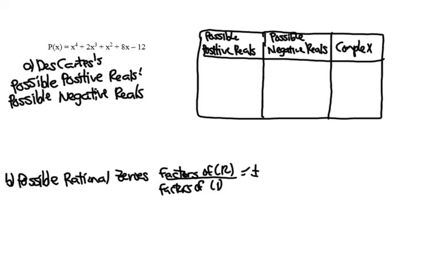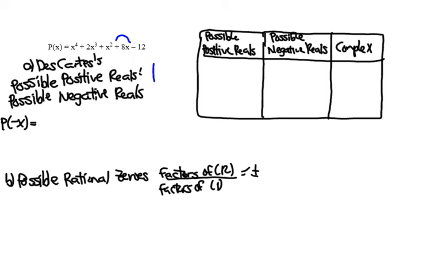Now, again, using Descartes' rule of signs, for possible positive reals, all I need to do is count the sign changes of the original polynomial function, and we have 1 here, and that's it. So my possible negative reals, remember that's going to be p of negative x.